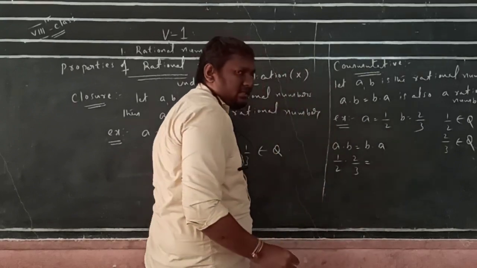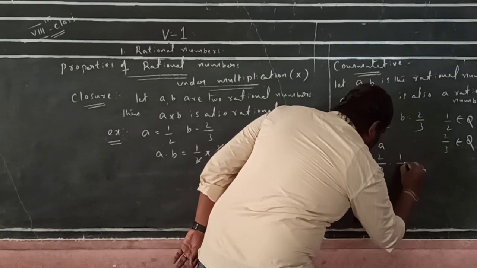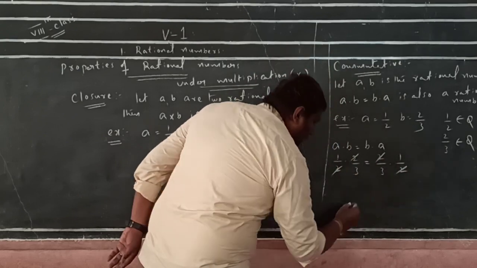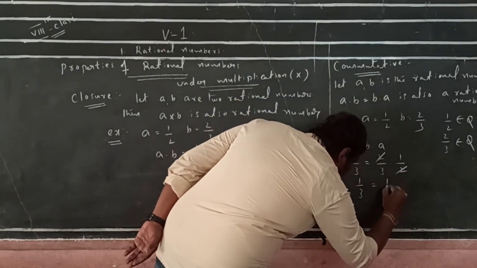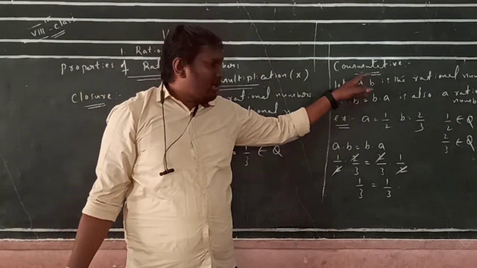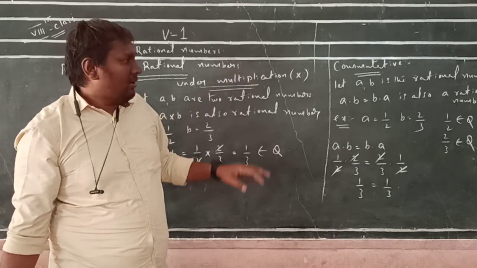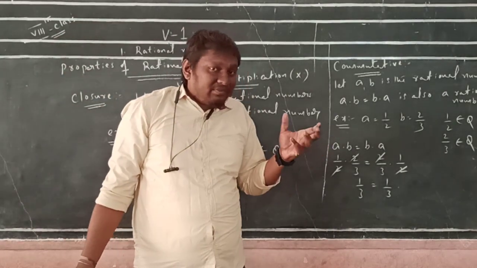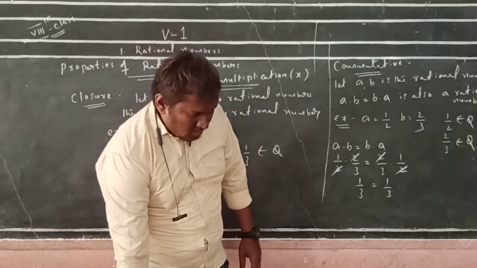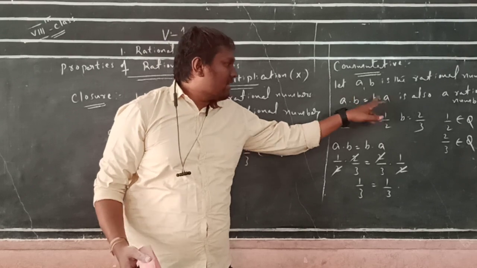Same on the other side, 2 by 3, 1 by 2. Here 2 cancels, here also 2 cancels. Get the same values, LHS equal to RHS. Then the commutative property is satisfied under multiplication. To understand, you have to observe the difference between addition and multiplication. Same, but the sign will be changed.